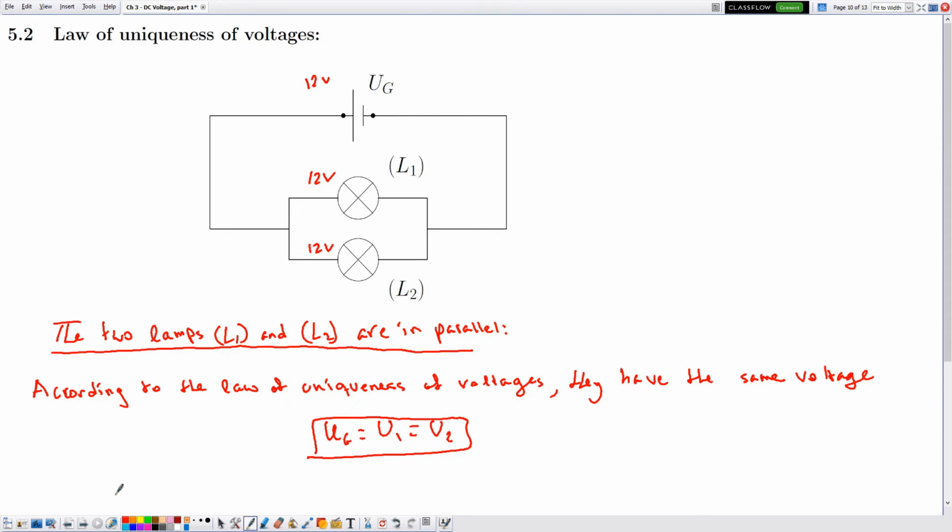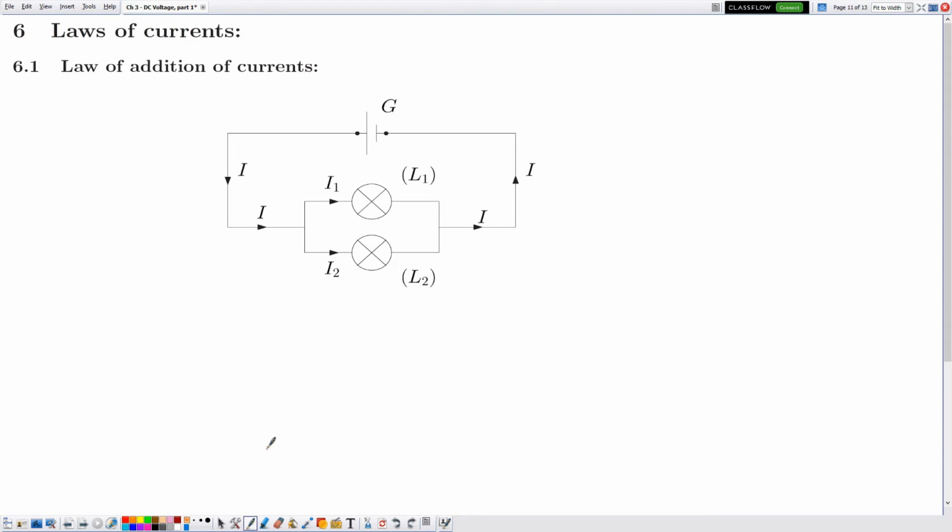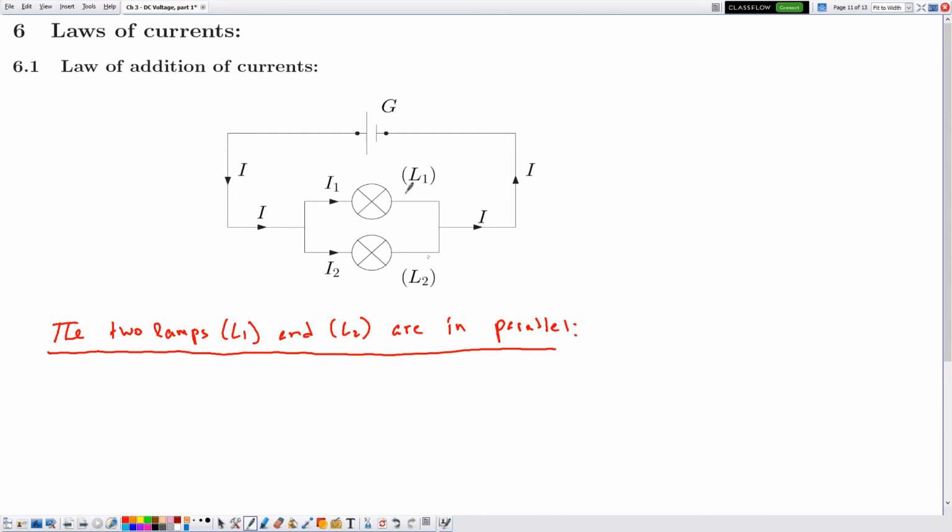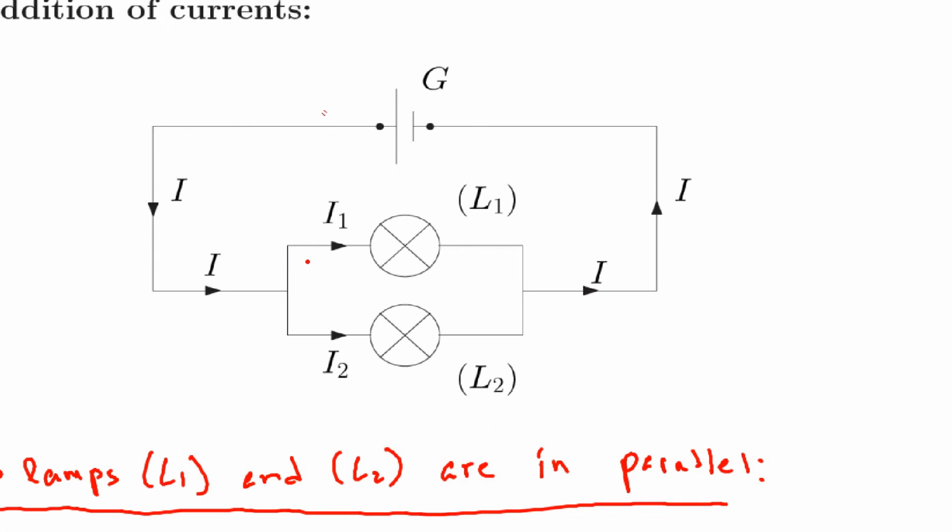Similar to these two laws, we have two laws concerning the electric currents. Here first let's notice that the lamps L1 and L2 are in parallel. Now this circuit is said to be a closed circuit.